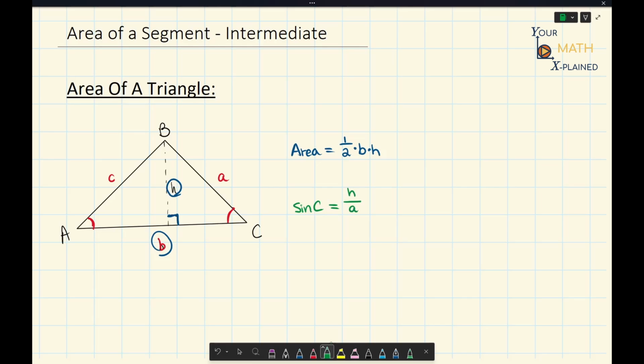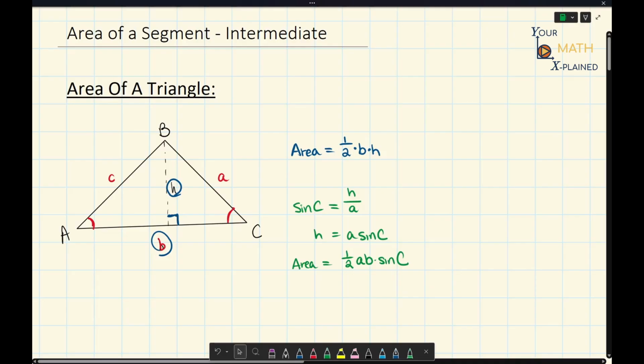If we take this equation and isolate h, we get h equals a times sine C. Now substituting this into the formula for the area of a triangle, we get the area is equal to 1/2 times a times b times sine of angle C. This formula has the calculation for height h already baked in without needing to do it in a separate step, and that allows us to do our work with areas more efficiently. Let's take a look at an example.